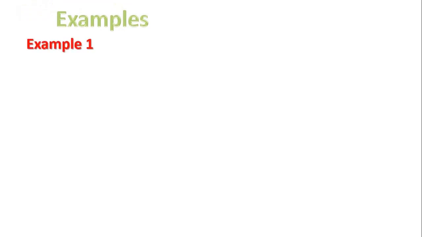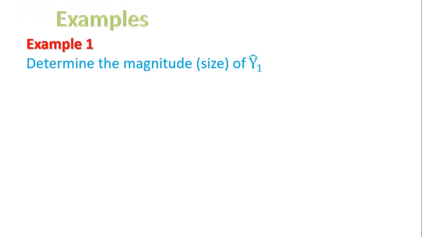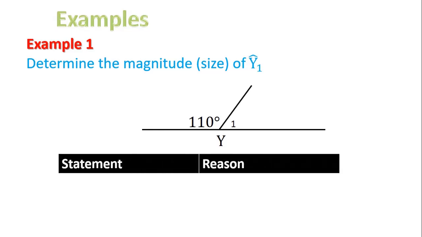Example 1. Determine the magnitude or the size of y1. Alright, there we have our drawing with 110 degrees and y1 on the right hand side. Let's look at our structure, statement and reason.